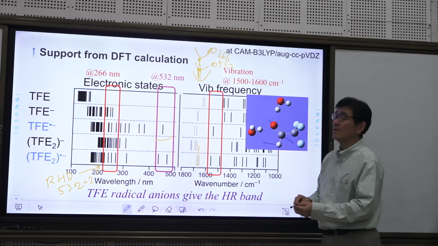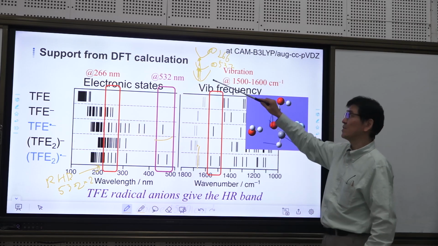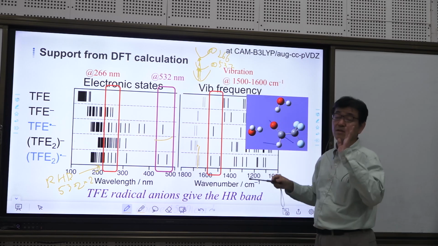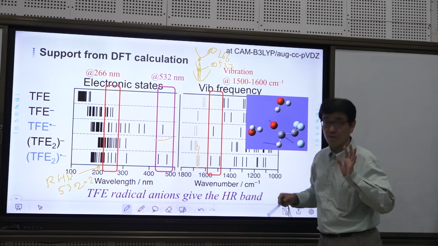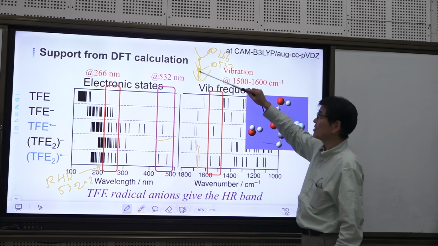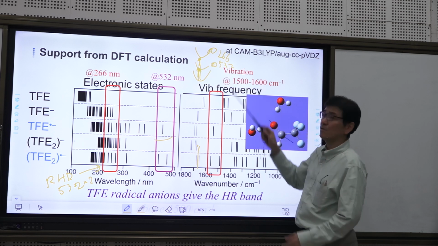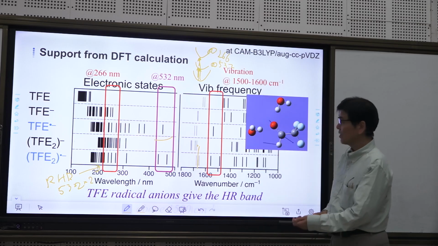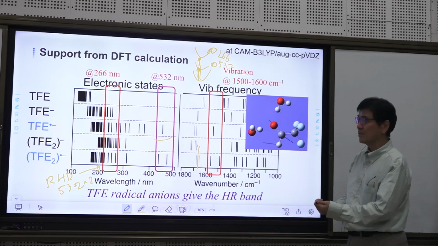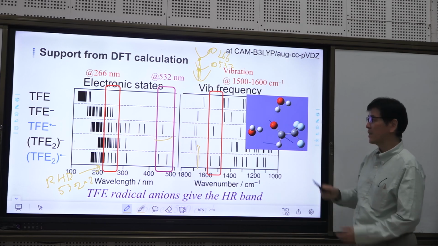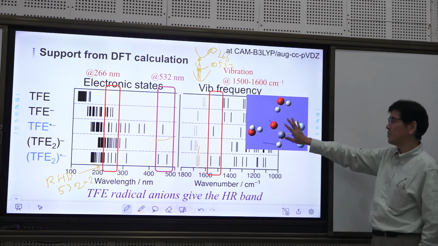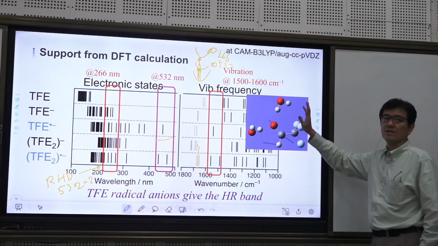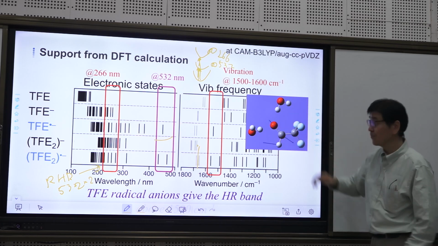So if we expect 10 to the 6 times enhancement with a resonance enhancement, in this case 10 to the 6 by 10 to the 6, 10 to the 12th enhancement. By considering in this way, we can explain why this species only appears in the hyper-Raman spectrum.